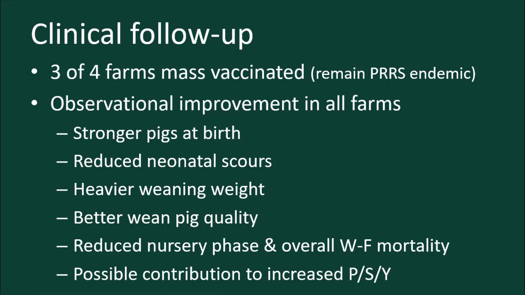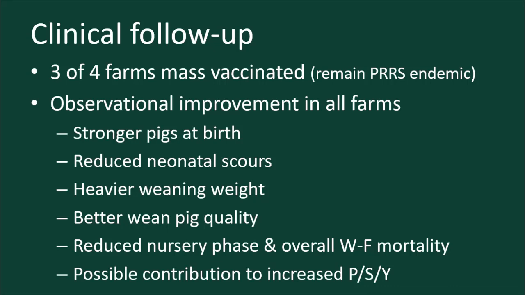And what I've seen are stronger pigs at birth, reduced neonatal scours. Now, I agree, I don't think that PCV3 directly causes enteric disease. However, in the young pig, in the weak pig that does not consume adequate colostrum, I think you get other infections that we see reduced when these pigs come out stronger and nurse better off the bat.